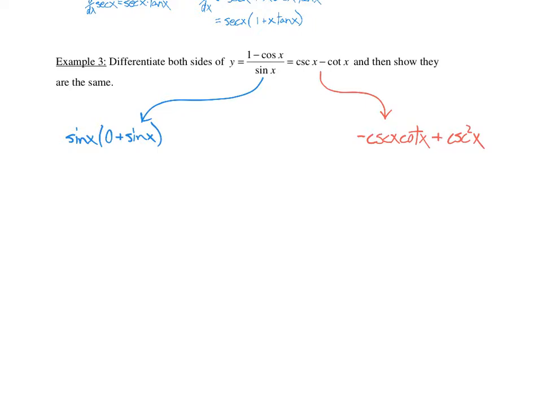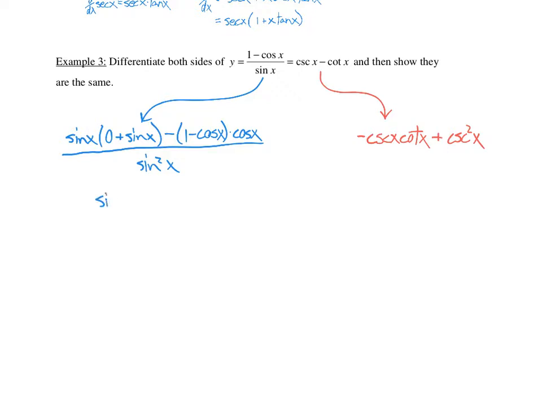So there's our low d high minus high d low. The derivative of sine is cosine, all over sine squared x. Okay? So let's simplify a bit here.